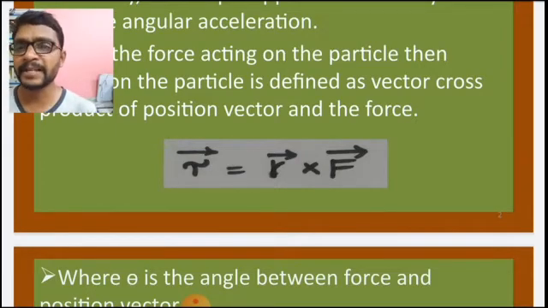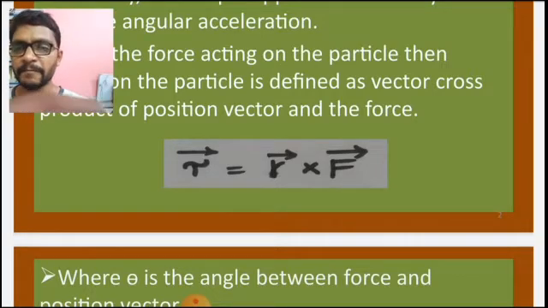We get the maximum value when theta is equal to 90 degrees. That means the torque acting on the body is perpendicular to the r-F plane. So tau equal to r bar cross F bar is perpendicular to the r-F plane, right?